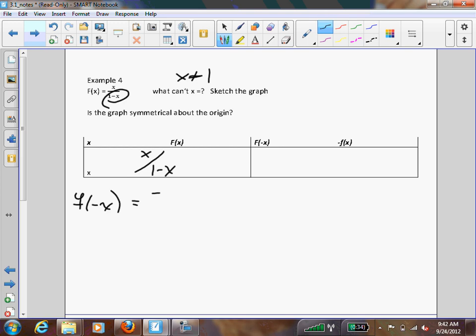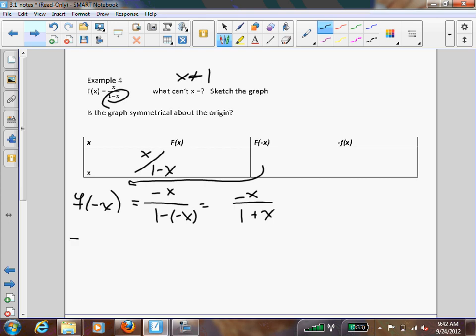So that's negative x up top and 1 minus negative x down below. Y'all with me? Because we're doing f of negative x. Okay? Well, that's going to simplify down to negative x over 1 plus x.